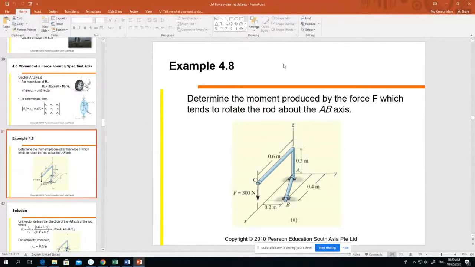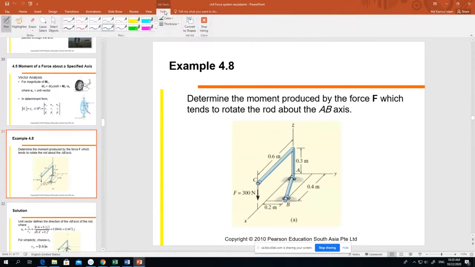The F 300. Should we make it a Cartesian vector, then put it in the matrix?